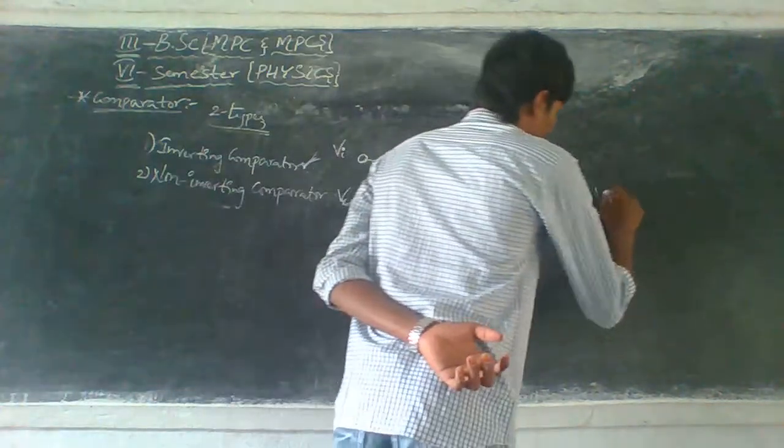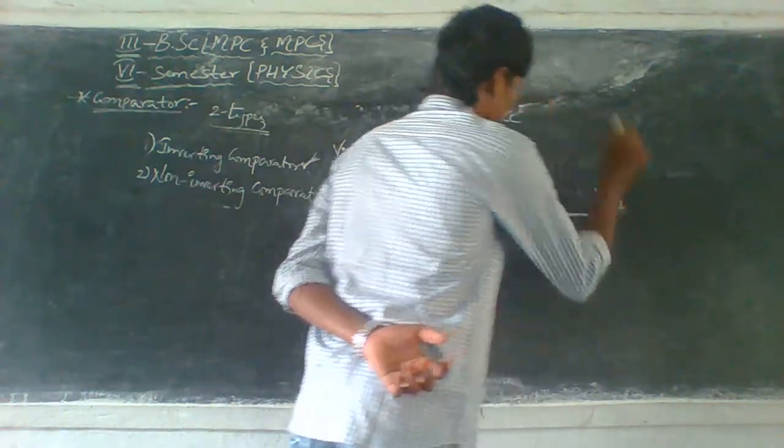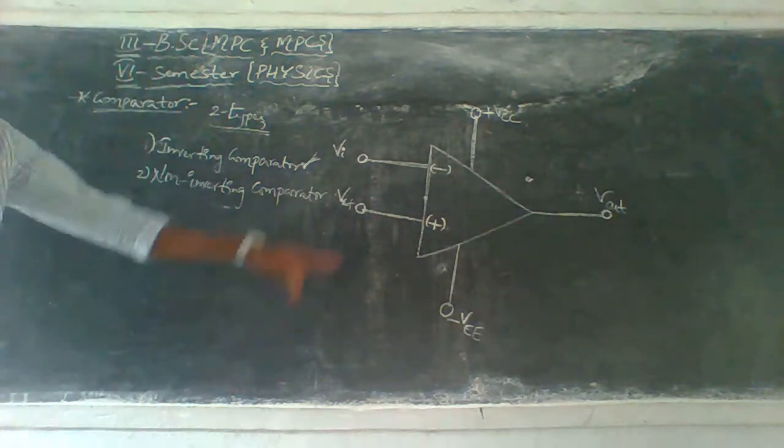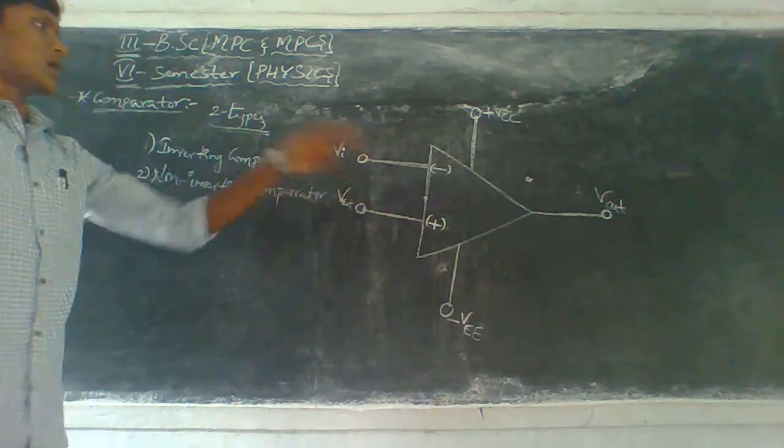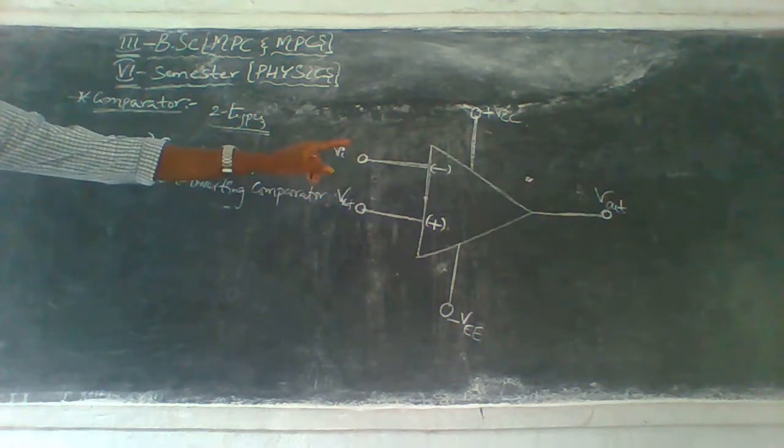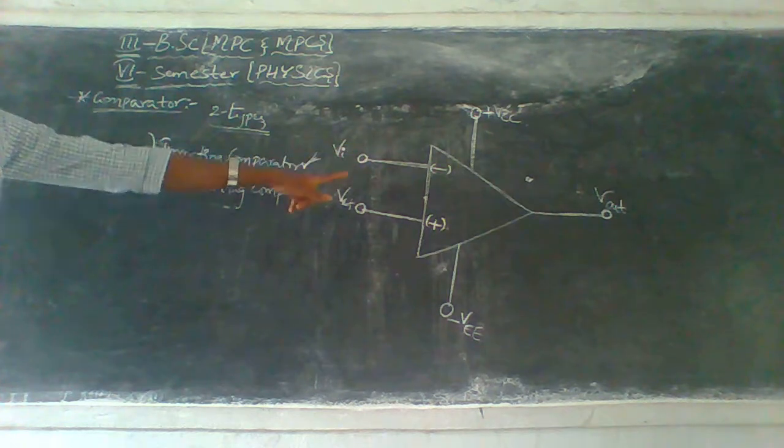This is the output. So this is the circuit diagram of an inverting comparator.